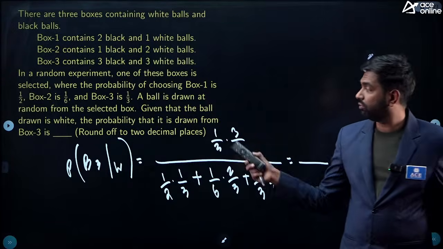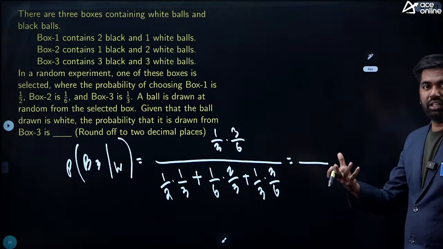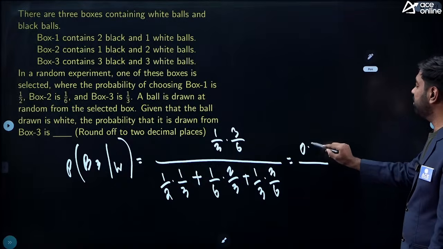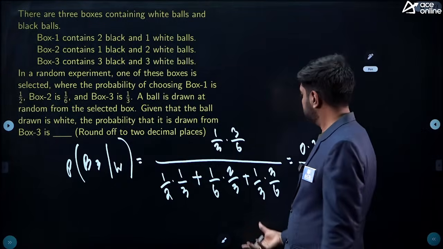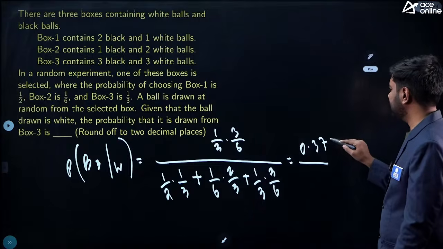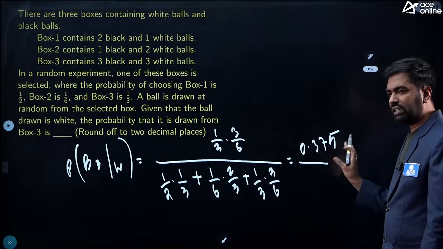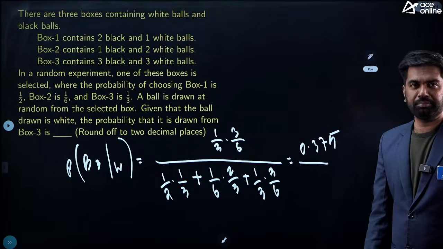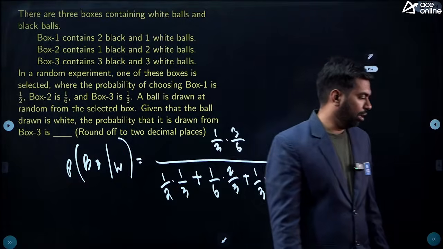Since they said round off to 2 decimal places, 0.37 looks okay for me. I think the exact answer is 0.375. Even if you answer 0.375, there is nothing wrong in it. So let's proceed.